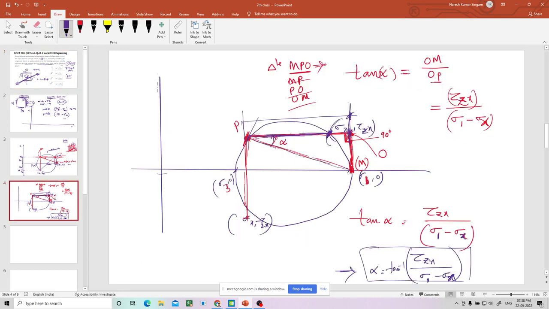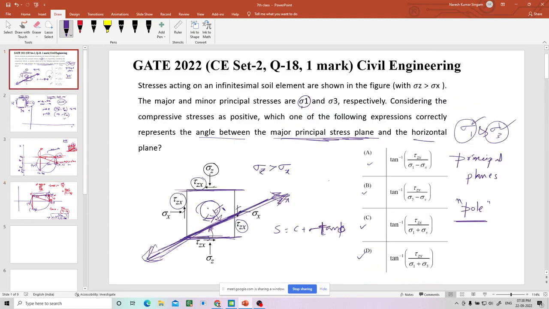Tan inverse of tau zx by sigma 1 minus sigma x. Can you tell me what is the option? Can any one of you tell me which option is correct? A. So this is the answer. Tan inverse of tau zx by sigma 1 minus sigma x.